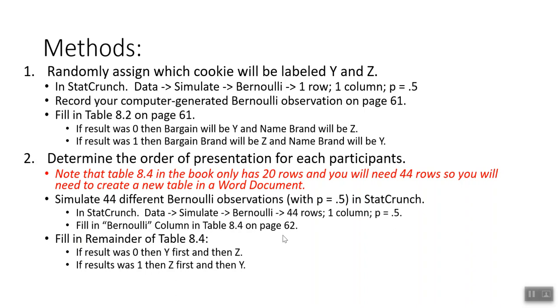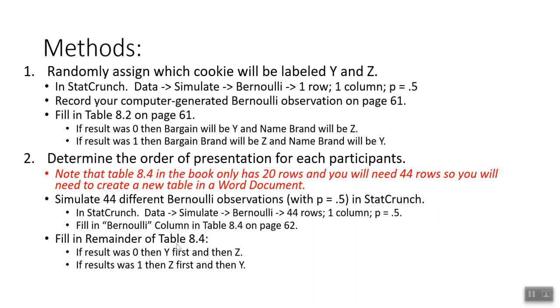Then you will fill in the remainder of table 8.4. If the result on the row is 0, then Y gets tasted first and then Z. If the result is 1, the participant would taste Z first and then Y. Remember, we don't want everybody tasting the same product first. We want to randomize that.